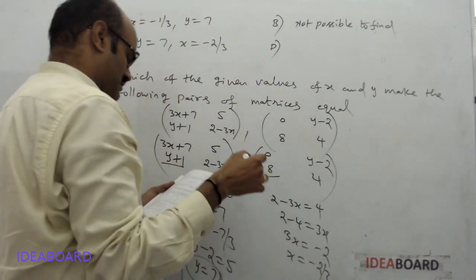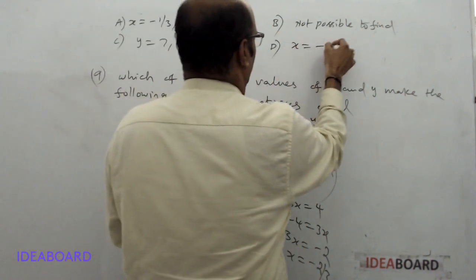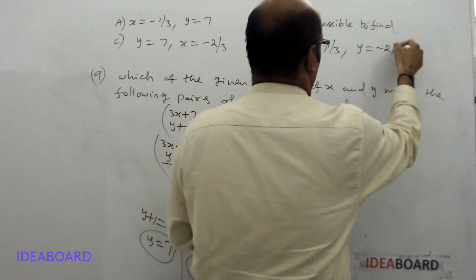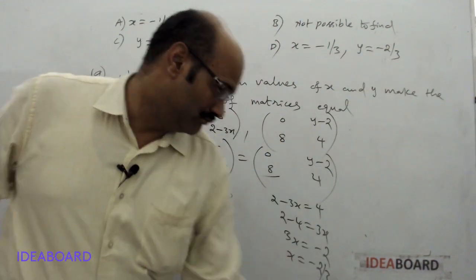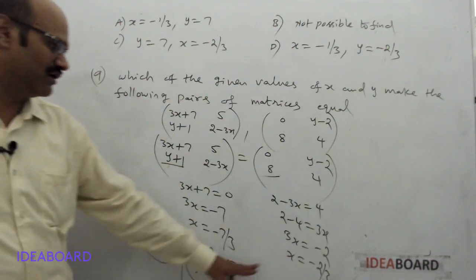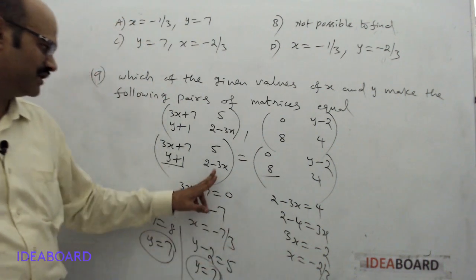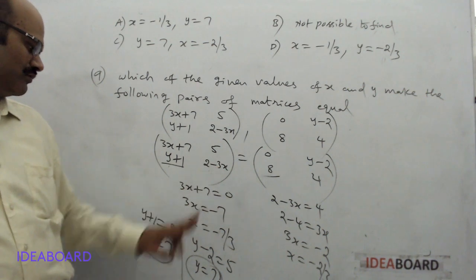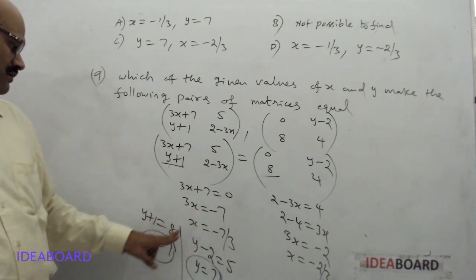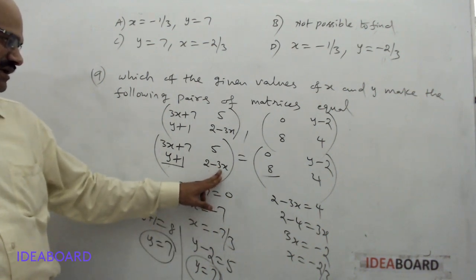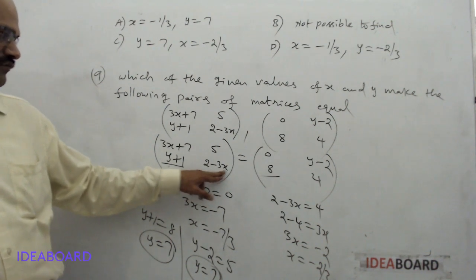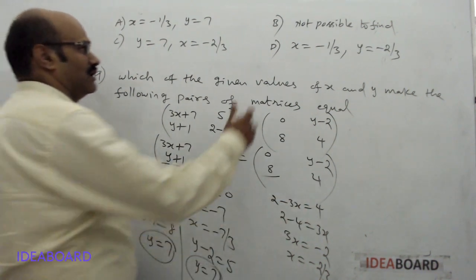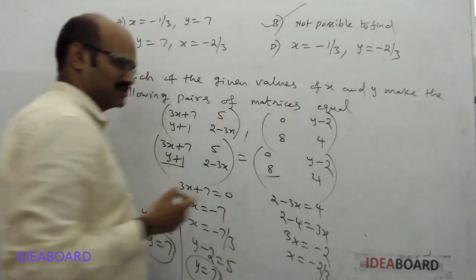Option D is given by x equal to minus 1 by 3, y equal to minus 2 by 3. Here we got x equal to minus 2 by 3. Suppose if you take x equal to minus 2 by 3 here we get 4. But if you take x equal to minus 7 by 3 here, we don't get 4. So we say that not possible to find is the correct answer.